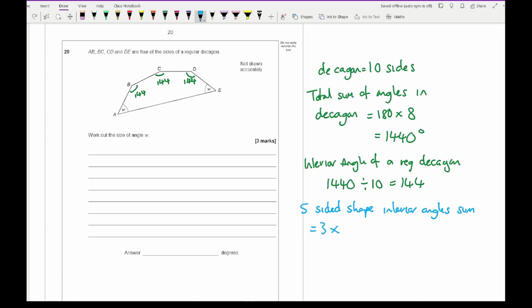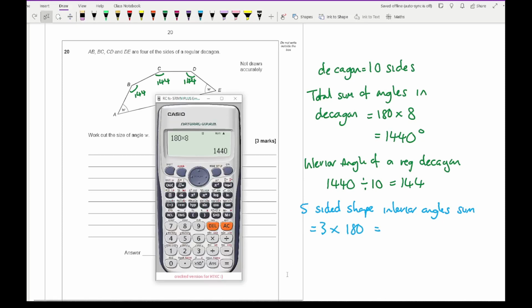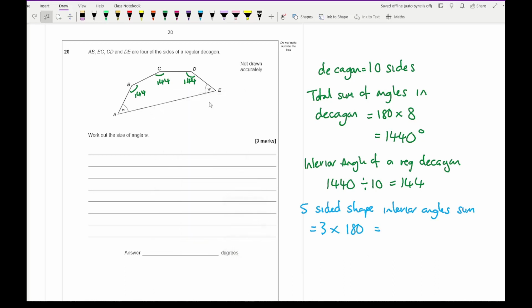It's the number of sides take away 2 times 180, which is going to give me 540, but let me just double check. Yep, 540. So what I then know is that W plus 144 plus 144 plus 144 plus W adds up to 540.